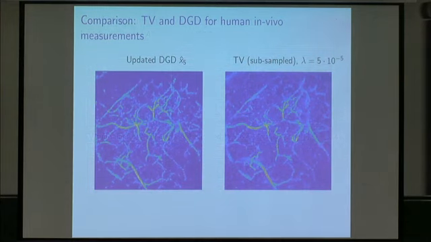Okay, let's put them side by side. Here we have the updated one, and actually it has quite a few nice smaller details that are gone in the TV reconstruction. This is the one with emphasis on the data. Especially in this region, there are a lot more smaller structures. You can ask yourself, how do we know that those are actual structures?